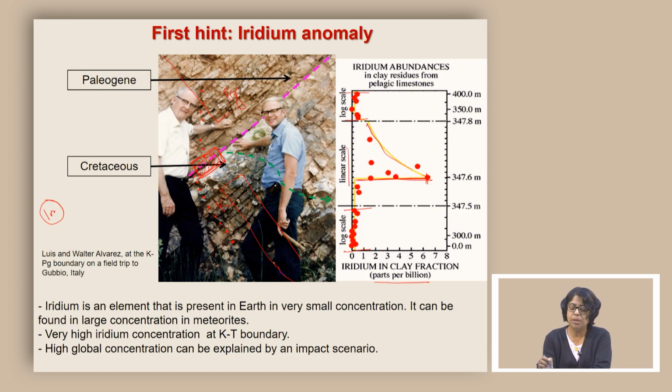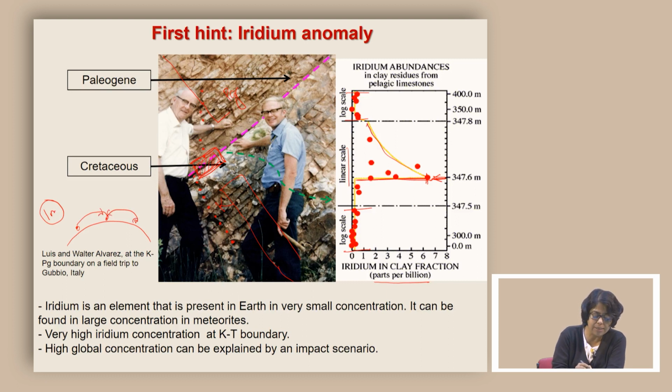Now, once they observed that the iridium concentration is very high and corresponds to this KPG boundary layer, they tried to explain why this could be the case. One explanation is that somehow the iridium from the entire Earth concentrated into this particular place. So, even though there are smaller concentrations all over the Earth, for some reason all of them concentrated in one place, thereby increasing the overall concentration.